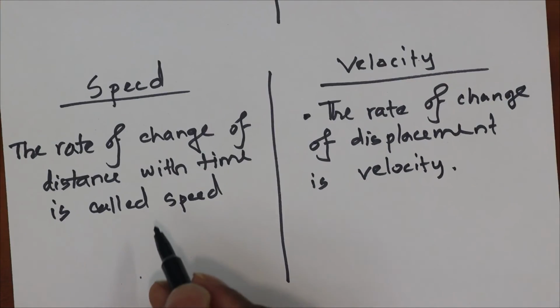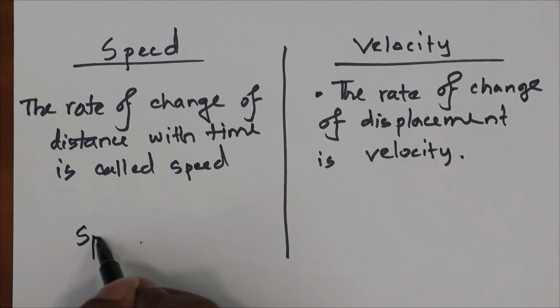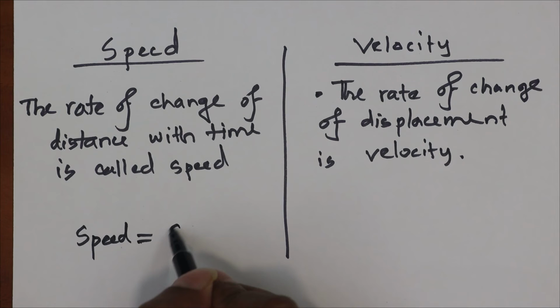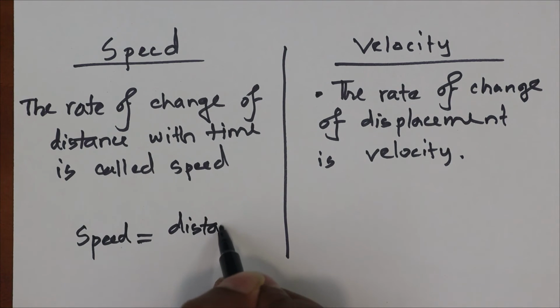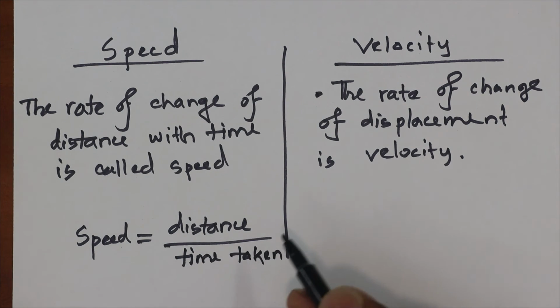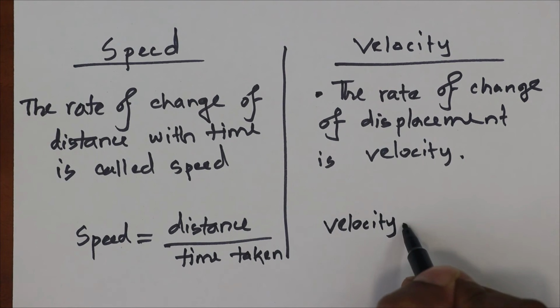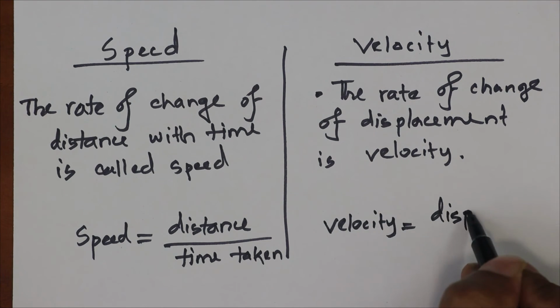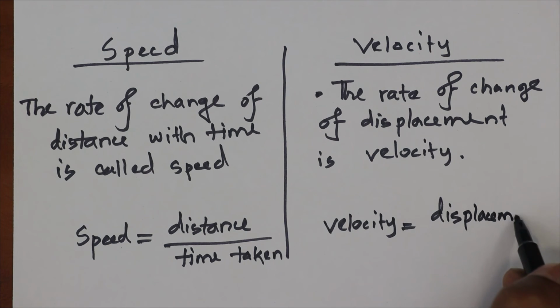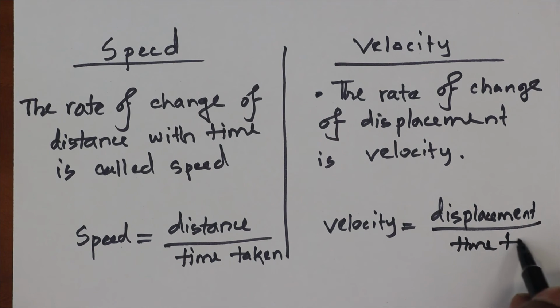So the formula: speed equals distance moved divided by time taken. On the other hand, velocity equals displacement divided by time taken.